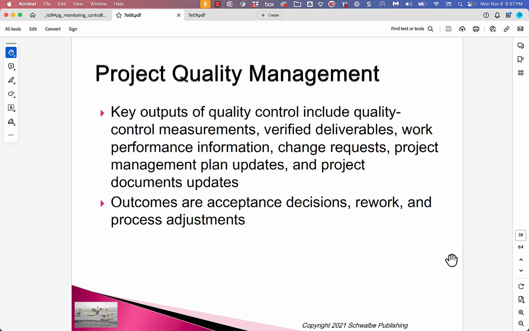We've got deliverables, and they're either going to be accepted or not. Rework if they weren't accepted, and process adjustments, which is to say, if we're having to do rework, we want to adjust our process so we're not going to have to do more rework in the later parts of the project.